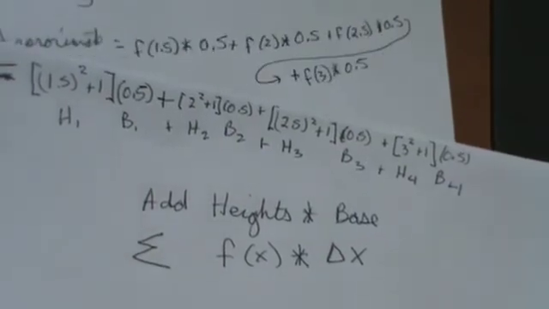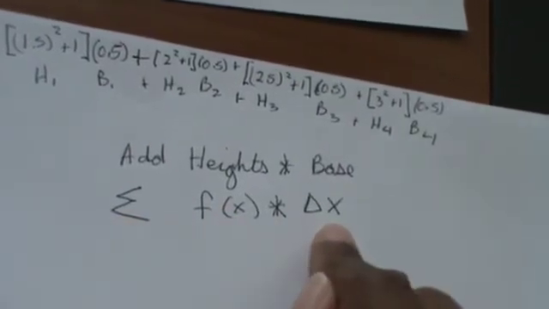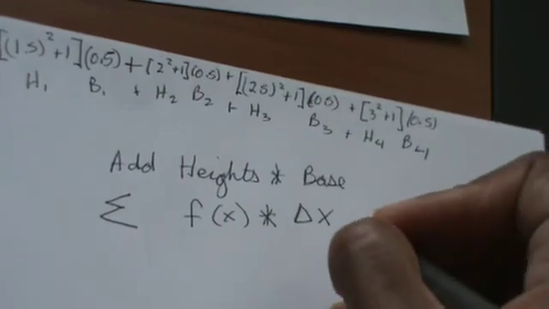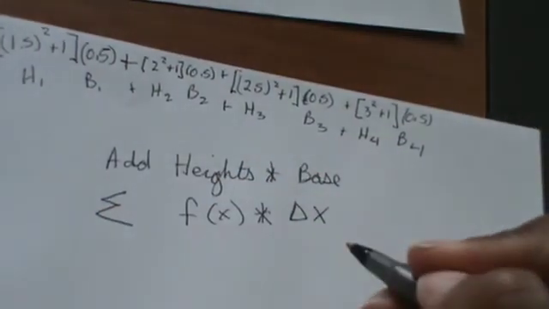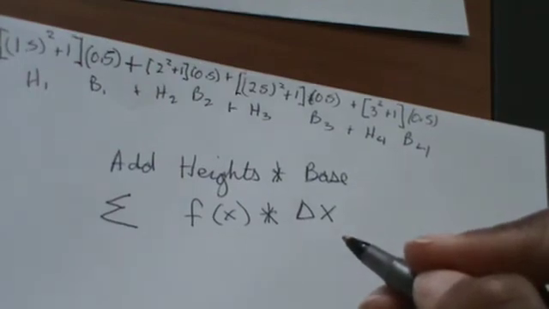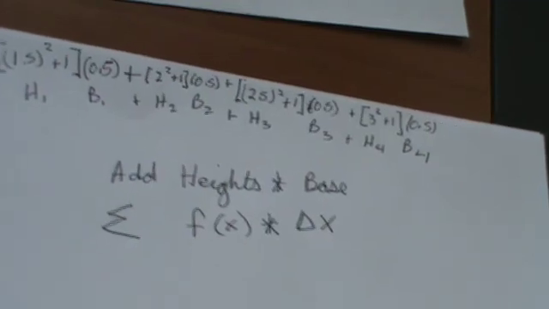Okay, so we're a little bit closer, because now if we can write it like this, then certainly we can understand that this might be more easily understandable if we had an infinite number of rectangles instead of a finite number of rectangles. All right, I'll explain more in the next video.